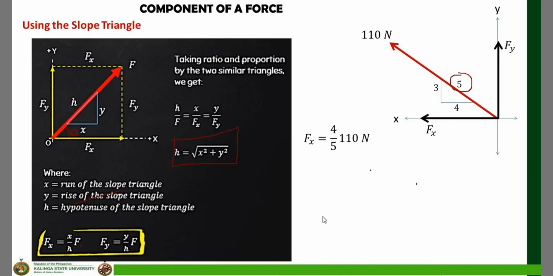Since I'm going to use the slope triangle, Fx is equal to x over h times F, where in this case my x, or the run of the slope triangle, is 4 and my hypotenuse is 5. Then multiply by the magnitude of the force.